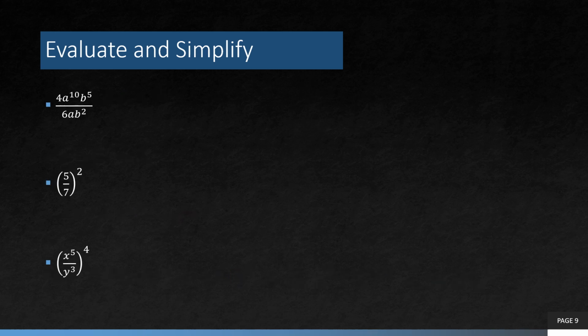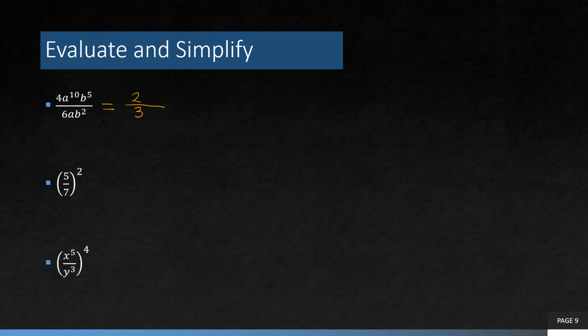Now we're going to go ahead and apply some of the new properties that we just learned. So we have a rational expression. We have 4a to the 10th, b to the 5th, over 6ab squared. We're going to simplify that 4 over 6. That's going to become 2/3.